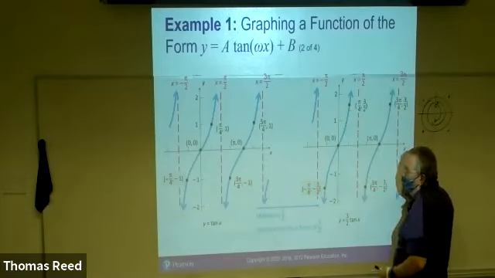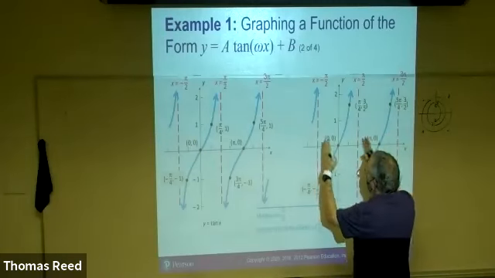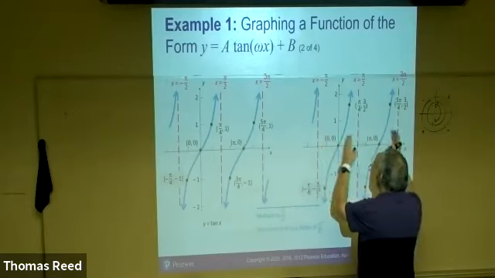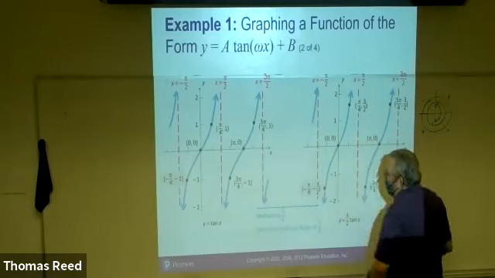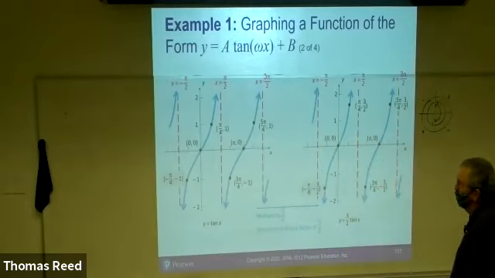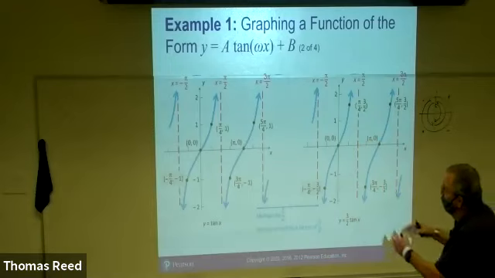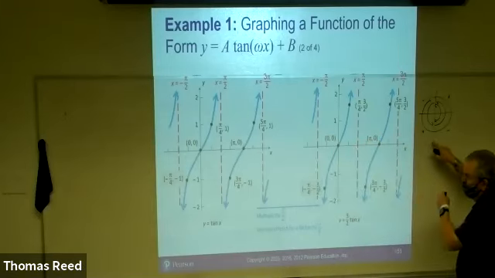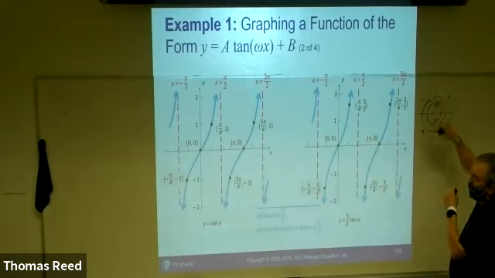Now I would show the transformation in 1 period, and then I'd sketch it again for 2 more periods. But I concentrate on the first period. The period is from negative pi over 2 to pi over 2.